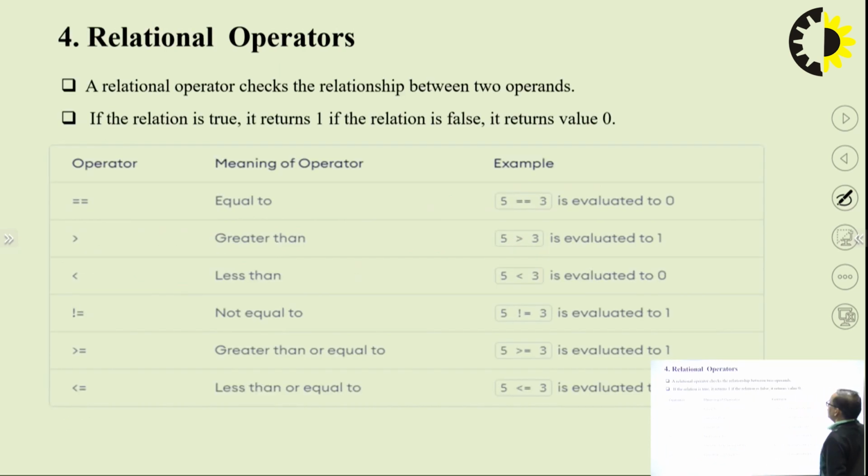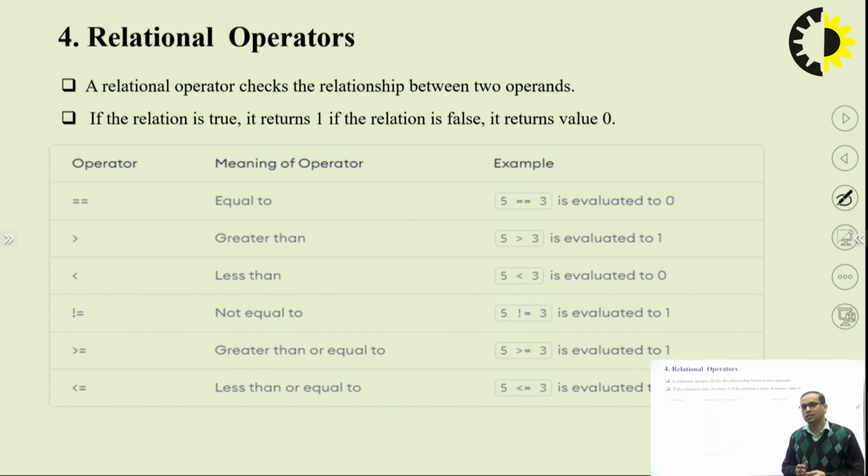Okay. Now let us see the fourth, the relational operator. Relational operators in C programming are basically used to check the relationship between two operands. Suppose we have two values and we have to check whether they are equal, greater than, less than, less than or equal, or greater than or equal to each other.